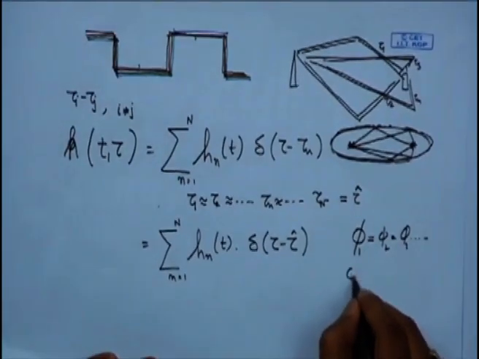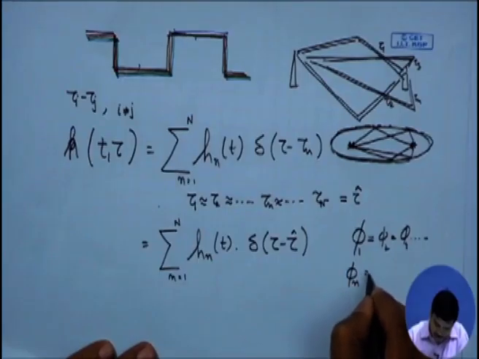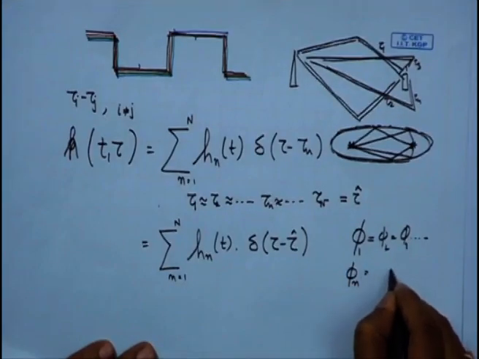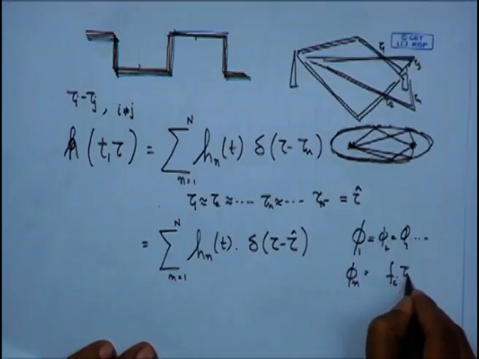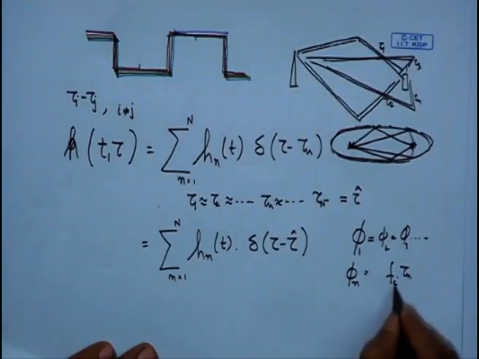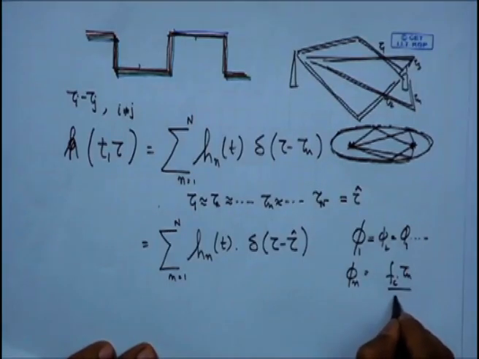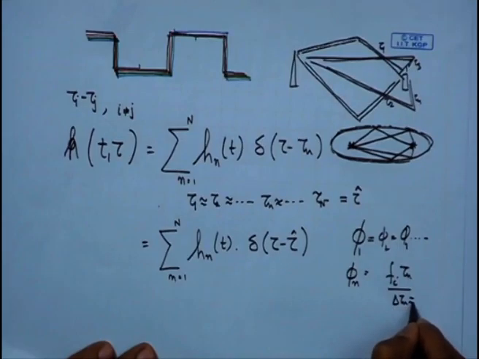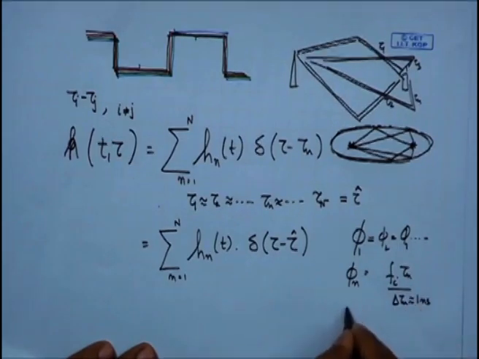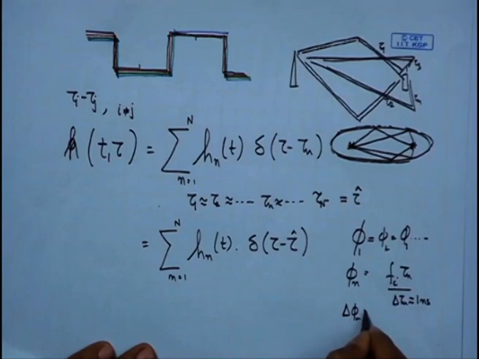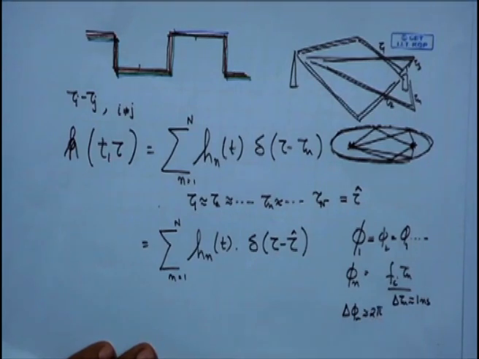However, we remember the expression of phi n contains f c times tau n, and there we have seen that a gap of a delta tau n almost equal to 1 nanosecond causes delta phi n to be changing by nearly 2 pi.